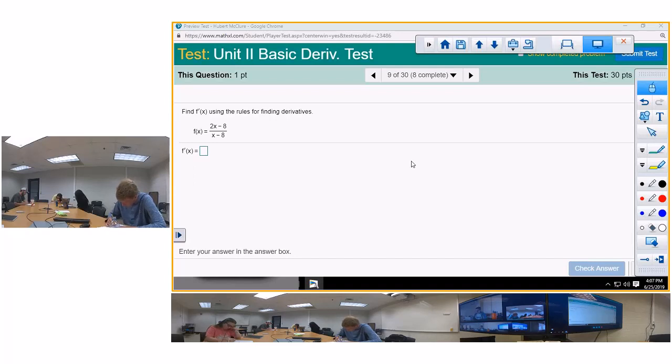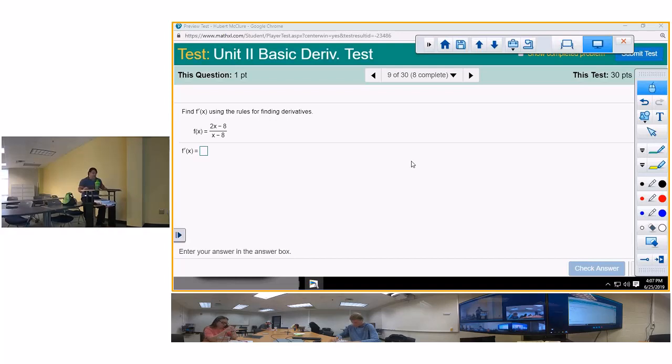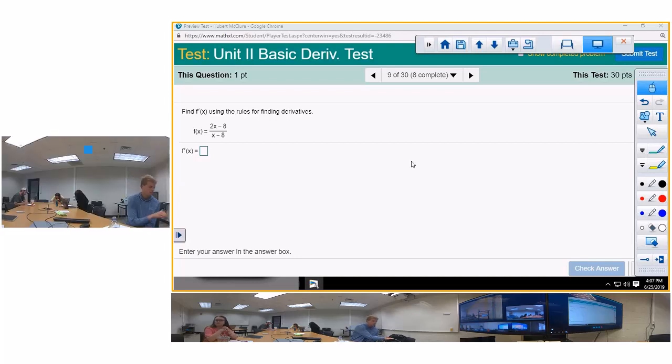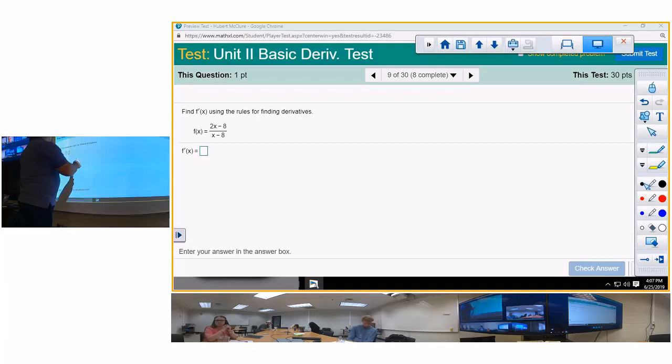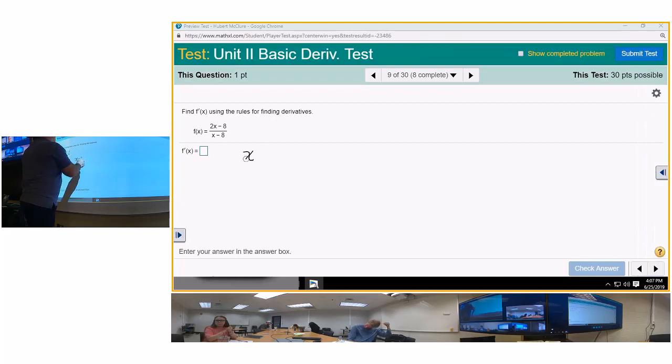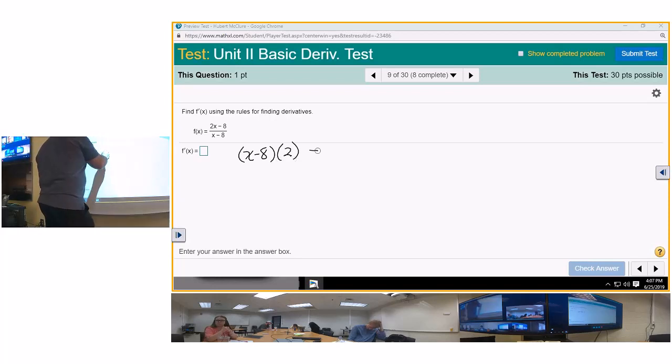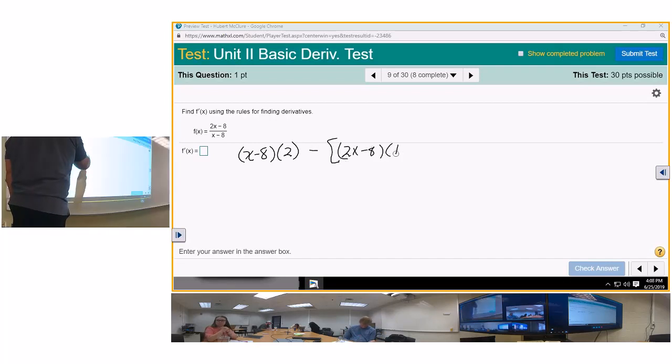This one shouldn't be too difficult because you're really not taking a big derivative. So let's do the quotient rule. And I'm going to skip a couple of steps, okay? Denominator times numerator prime minus the numerator times the denominator prime all over x minus 8 quantity squared.